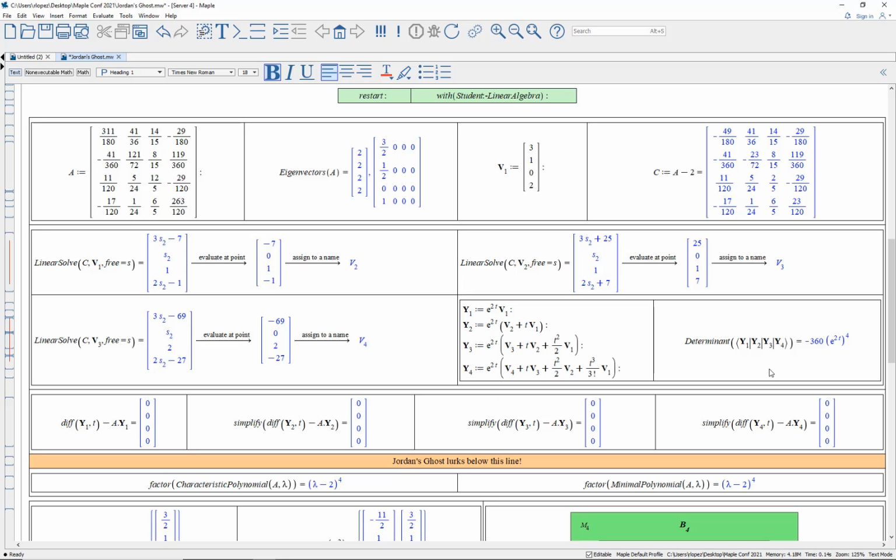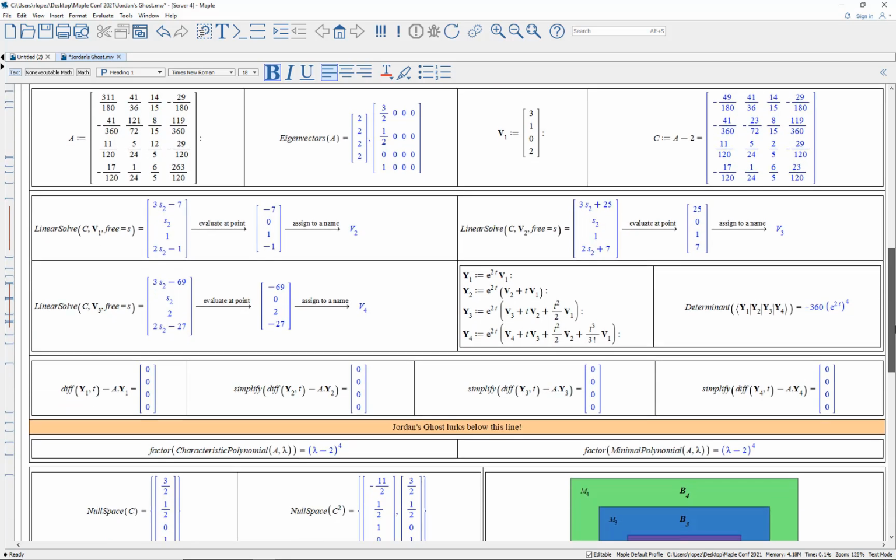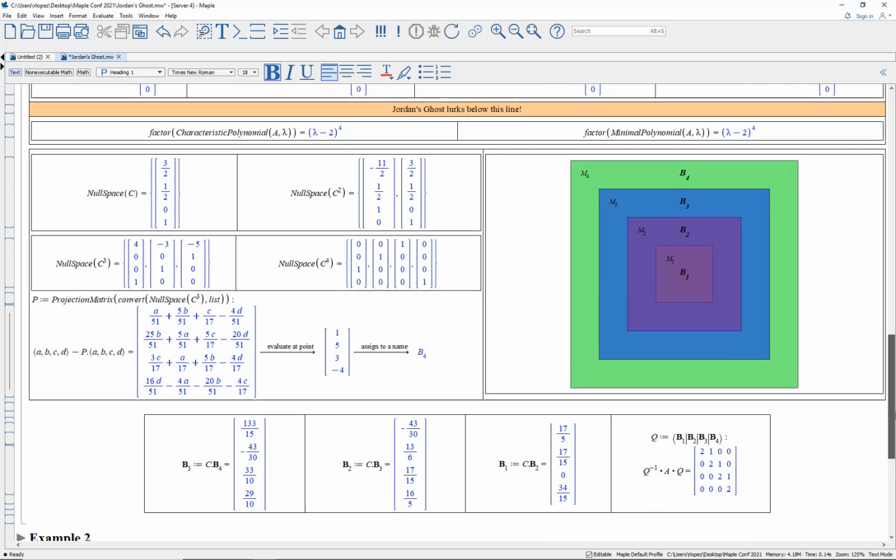Are these vectors linearly independent? Form a matrix, take the determinant. The determinant is non-zero. Are these solutions of the differential equation? Well, put them into y prime minus Ay. I get 0, 0, 0, 0. What would Jordan form add to this particular discussion?